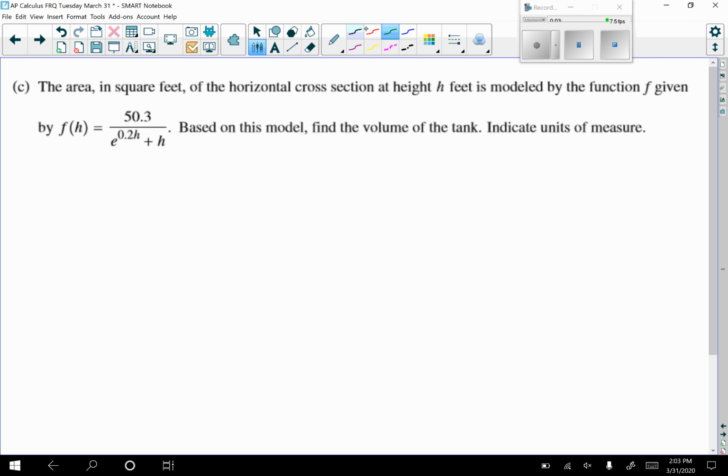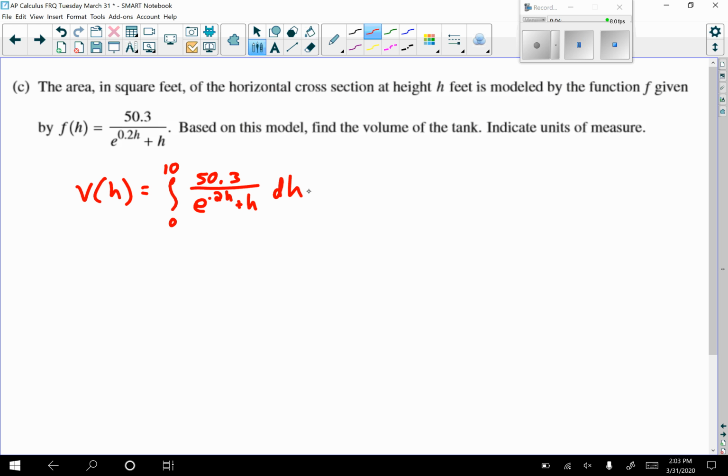All right, for C, they're giving us a slightly new function, so we're moving away from the table now. The area in square feet of the horizontal cross-section at height h feet is modeled by the function f given by f of h equals 50.3 over the quantity e to the 0.2h plus h. Based on this model, find the volume of the tank. We're still going to use the same integral from 0 to 10, but of this function, 50.3 over e to the 0.2h plus h, with dh after that.